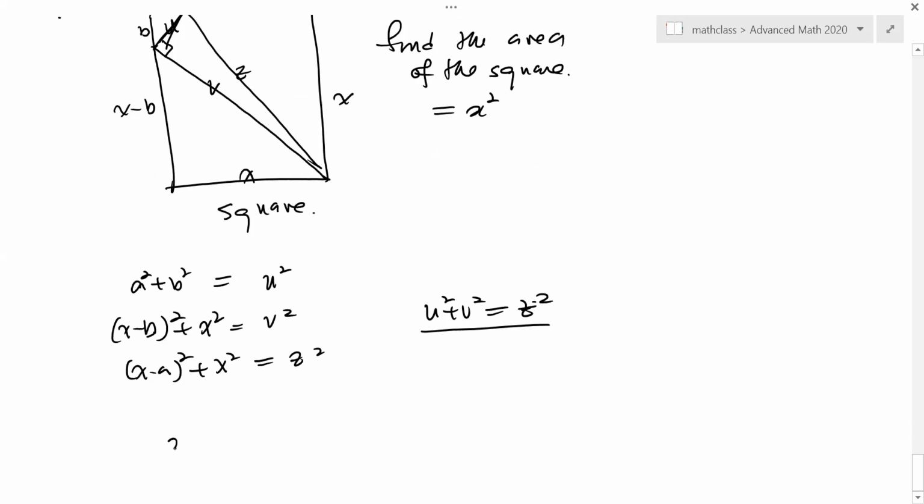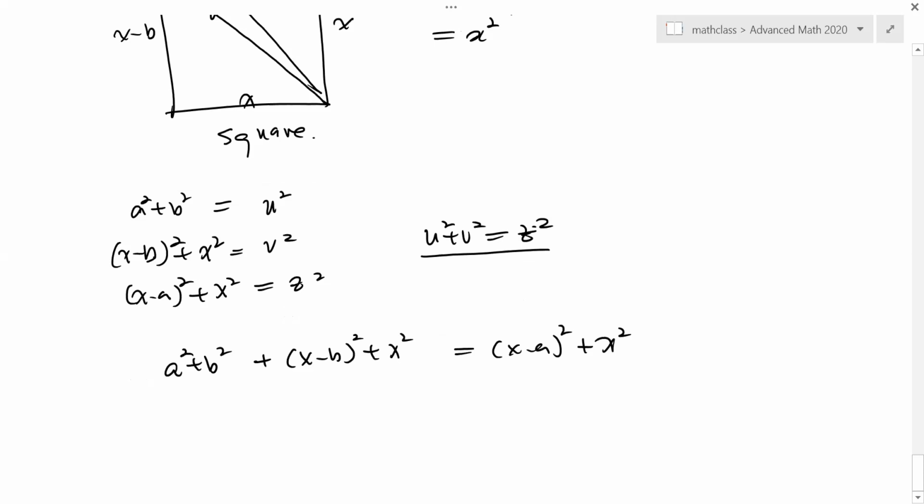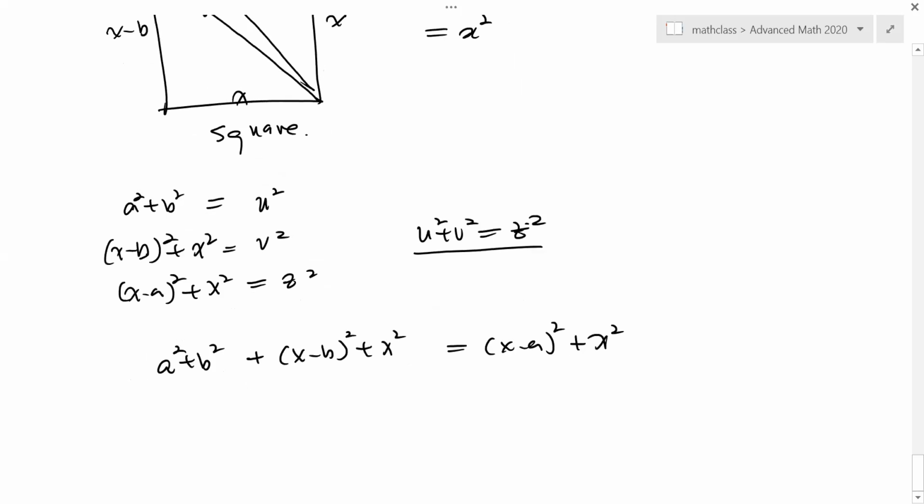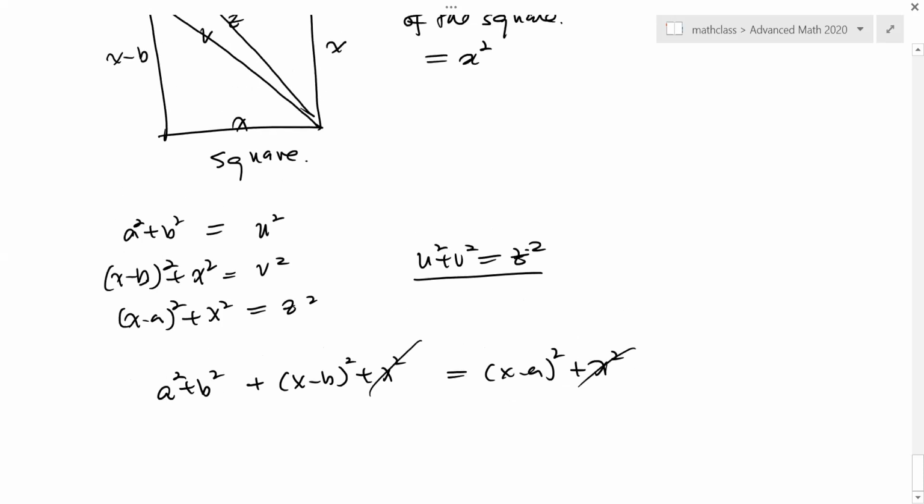So u squared is a squared plus b squared. v squared is x minus b squared plus x squared. And z squared is x minus a squared plus x squared. Okay, right? So now you can get rid of x squared, right?